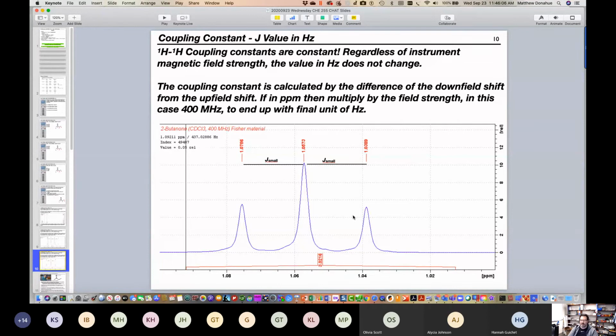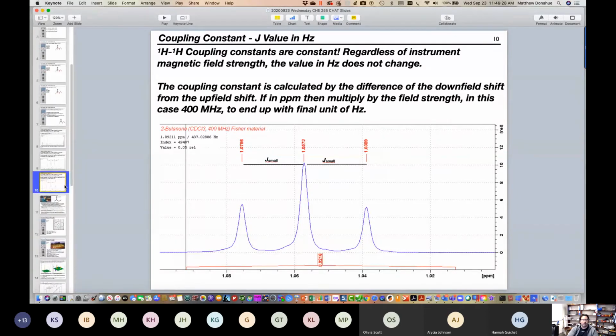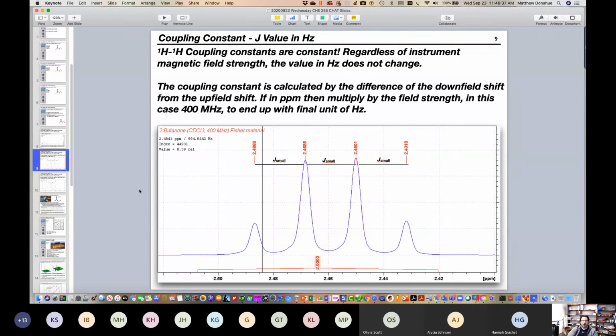It has to be because that's a single peak. That's a triplet. So that distance, 7.32, you'll find that this is 7.32 as well. So now let's do that same exercise for the quartet, which this peak is coupled to. So take 2.4868 and subtract 2.4685.